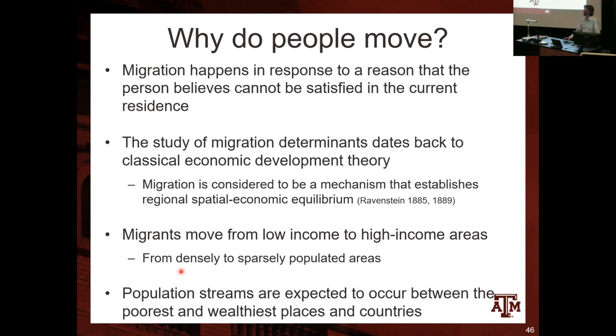And in more recent decades, like we talked about in the previous slides about the urban transition, in the past people used to migrate mostly from rural to urban areas. Now, internal migration is a little bit more complex. People migrate from urban to other urban areas.